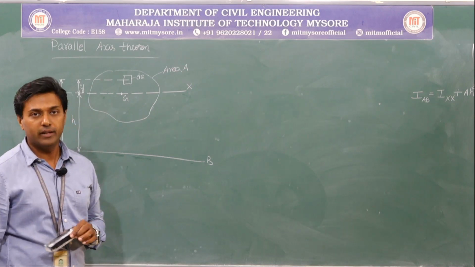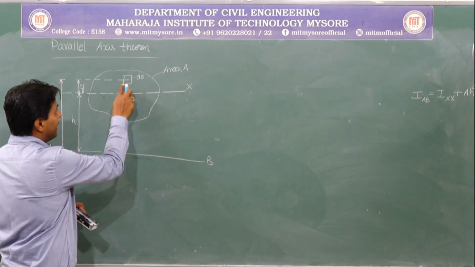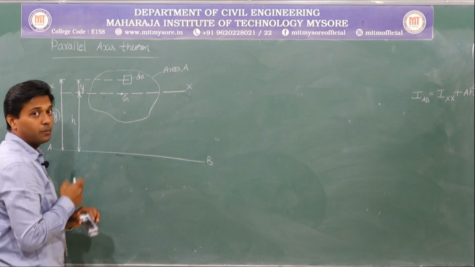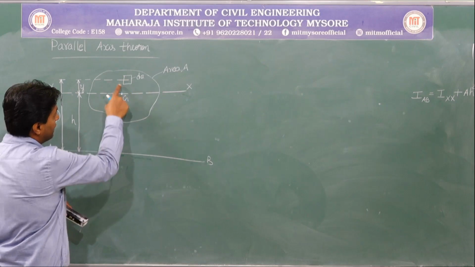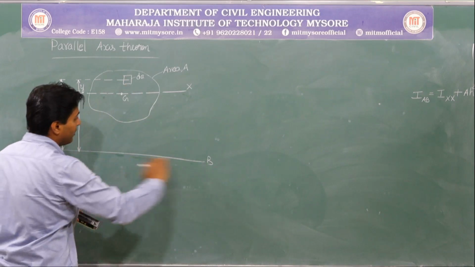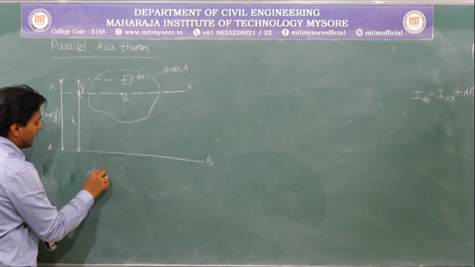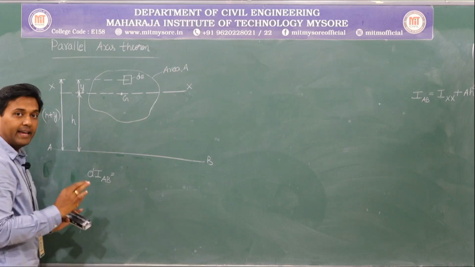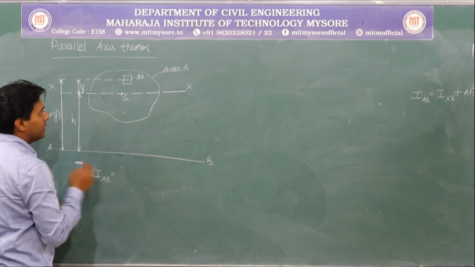The moment of inertia of this elemental area about the AB line is given by, please mark my words, dIAB is equal to area into distance square, the same thing.